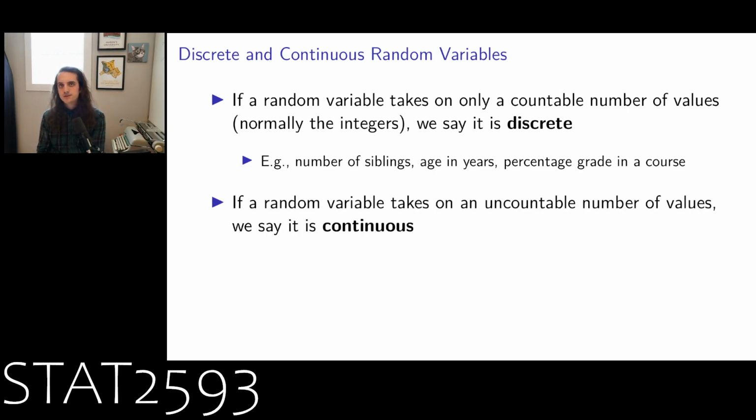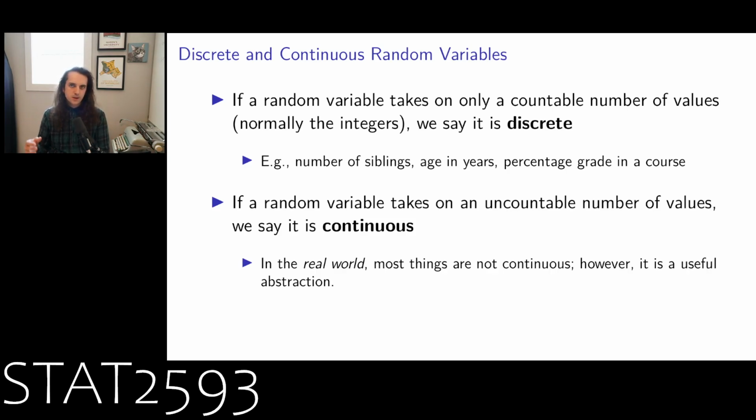If a random variable takes on an uncountable number of values, we say that it's continuous. If it can be anything in a range, then it's continuous. So if you were weighing the books, it can be any value in that range, and so we would say it's a continuous random variable. Now, one point to make: in the real world, most things are not actually going to be continuous, but it's useful to abstract this way.